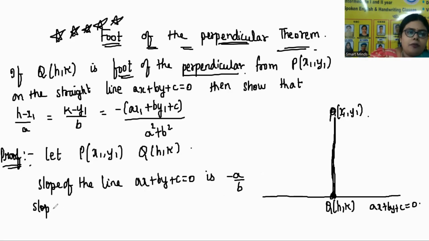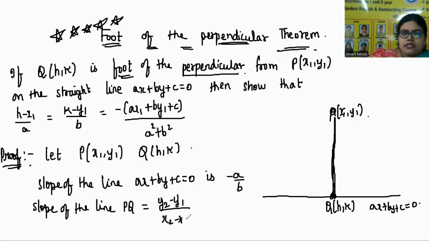So what is the slope of the line PQ? See here, two points are given. Whenever two points are given, the slope formula is (y2 − y1)/(x2 − x1). So that is (k − y1)/(h − x1). Now after finding the slopes of both lines, we will take the condition.